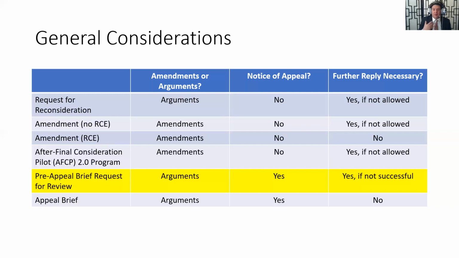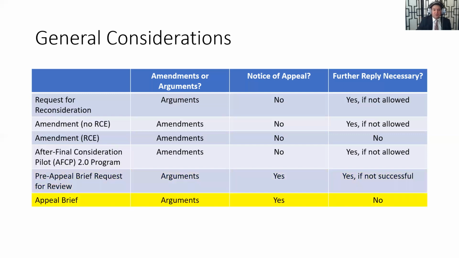When we file pre-appeal briefs, this is the outcome we're looking for, that the examiner reopens prosecution. And so if the examiner reopens, there's no need to file a further reply, right? The examiner will send you a new office action.